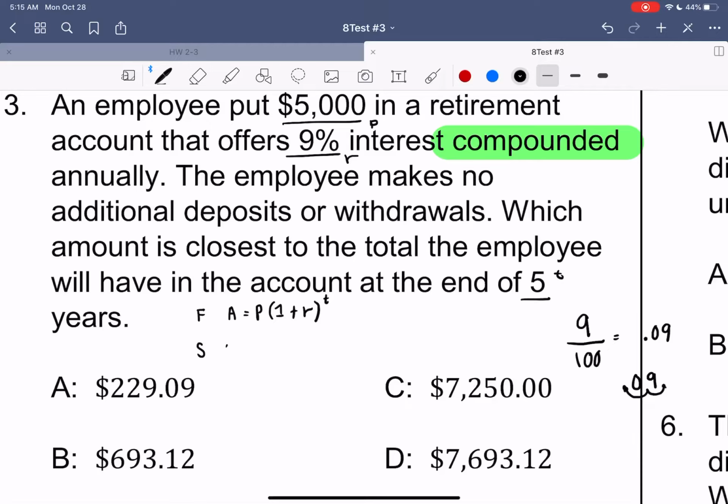So when I substitute, I have A equals principal of 5,000, and then 1 plus 0.09 raised to the 5th power. So from here, we're going to take our calculator and substitute them just like this.